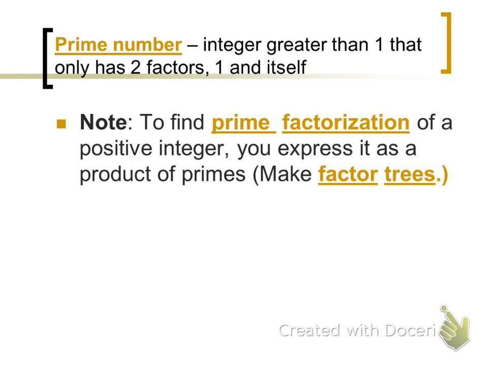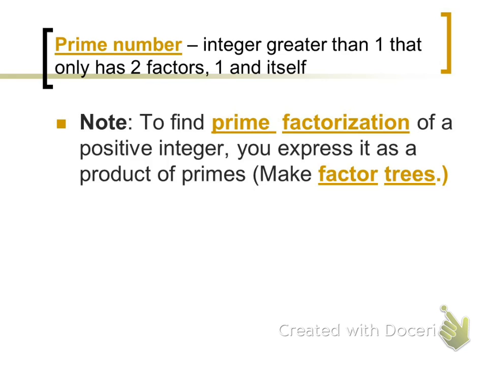Okay. All right, a definition that I think you should already know from some time in your past mathematics career is the definition of a prime number. It is an integer greater than 1 that only has 2 factors, 1 and itself. So that means that 1 is not considered a prime number.